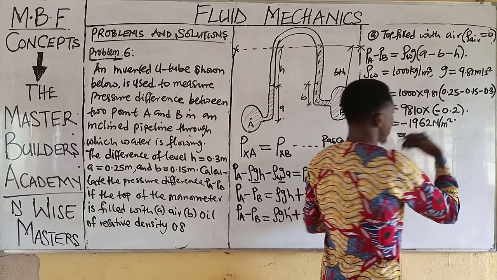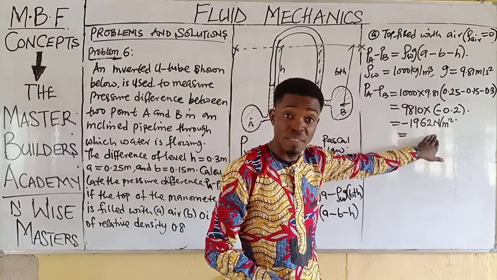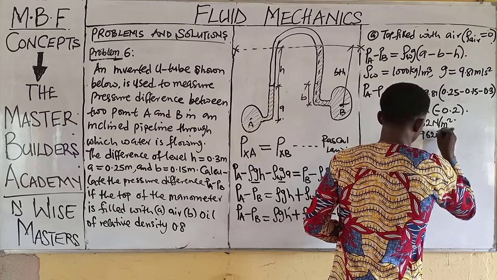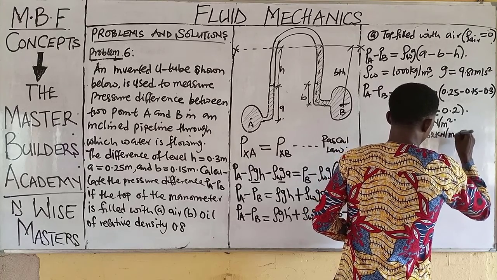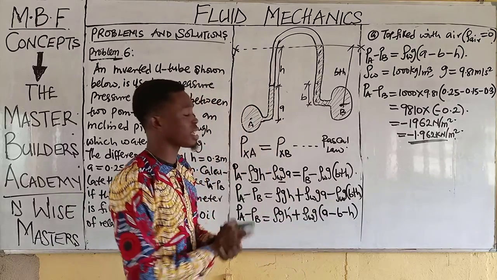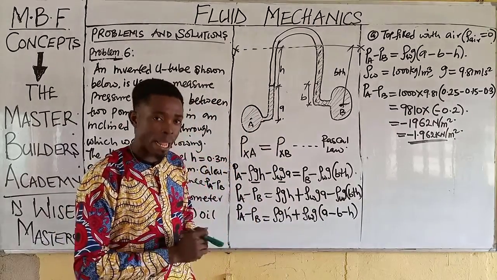Now to convert this to kilonewton, we simply divide by 1000. Then this will give us negative 1.962 kilonewton per meter squared. Now this is the pressure in this U-tube manometer when the top of the manometer is filled with air.